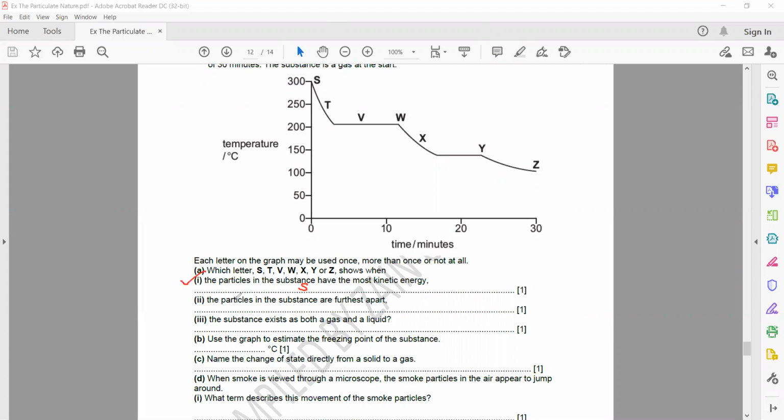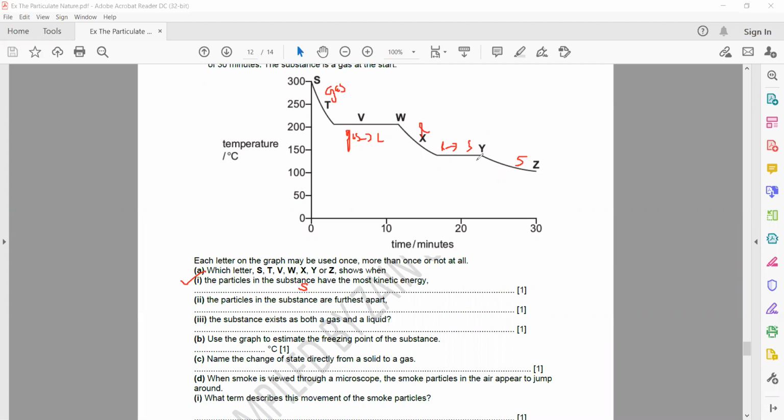Part two: the particles in the substance are furthest apart. For a hint, when I write the state, this will be gas. This gas is turning into liquid. This will be liquid. A liquid is turning into solid, and this will be solid.